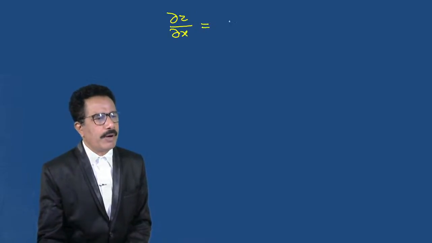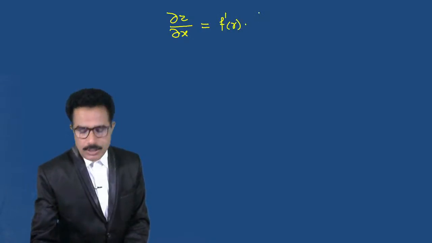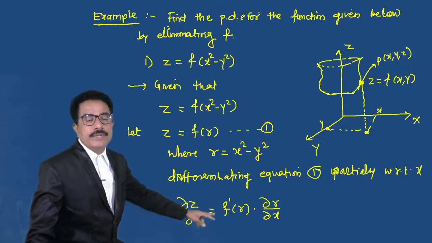So dou z by dou x, which is also denoted by p, is f dash of r into dou r by dou x. Now we have to calculate the partial derivative of r with respect to x.